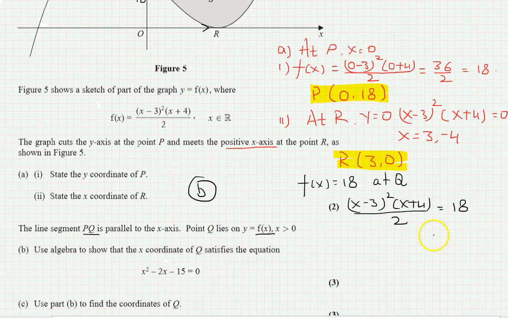That is the most important part of this. So (x minus 3) squared and (x plus 4) is equal to 36.